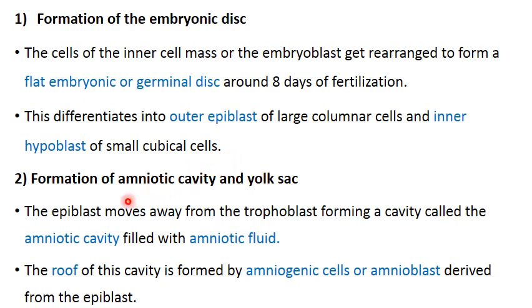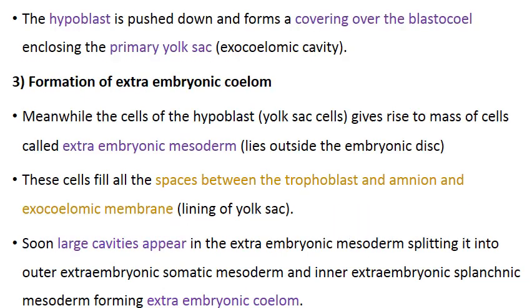Second step, which I said, was formation of the amniotic cavity and the yolk sac. Epiblast will move away from the trophoblast, forming a cavity called the amniotic cavity, and that will be filled with the amniotic fluid. And the roof of this cavity is formed by the amniogenic cells or the amnioblast derived from the epiblast.